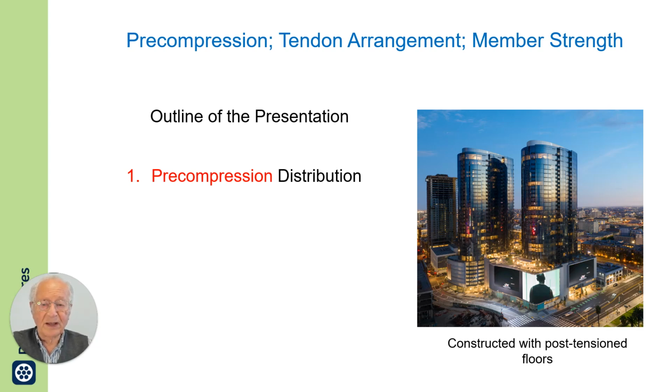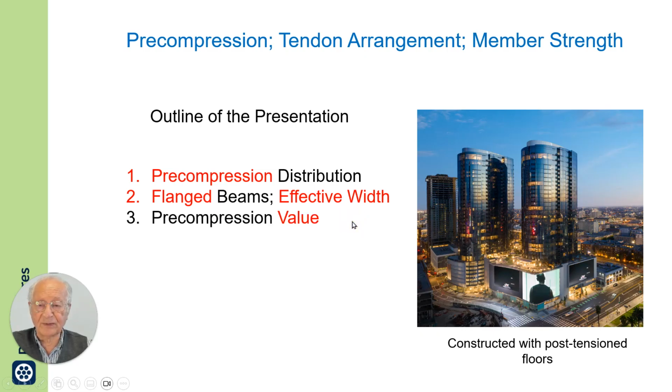I start with the distribution of precompression in the member, then move to flanged beams and the effective width associated with flanged beams, then evaluate precompression the way the code understands it, because the arrangement of rebar and tendons in some instances is based on how ACI understands and calculates precompression.